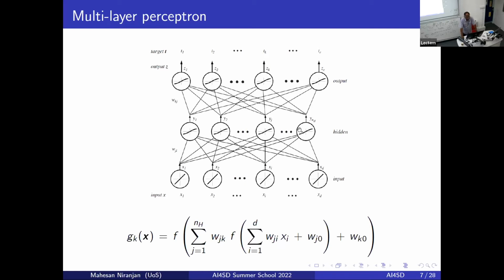There was a property of a circuit like this, of a transformation like this, where one could prove that if the relationship between the input and the output has some very mild smoothness properties, then any function that you need between the input and the output could be approximated to arbitrary accuracy as long as the hidden layer had a large enough number of units.